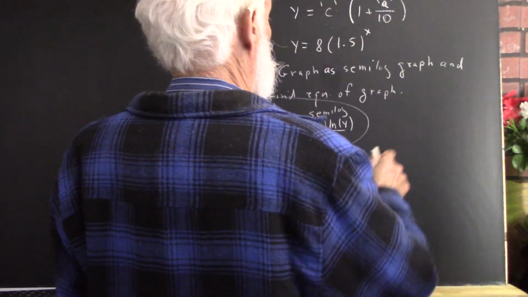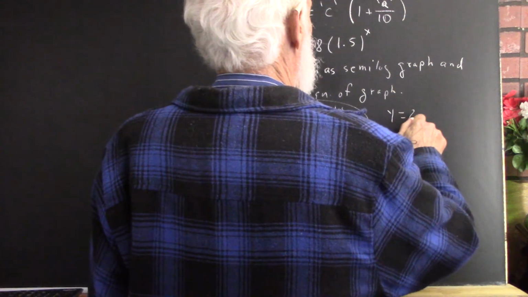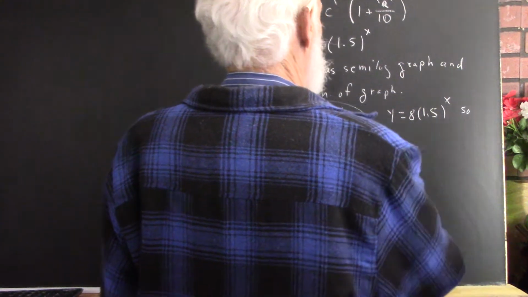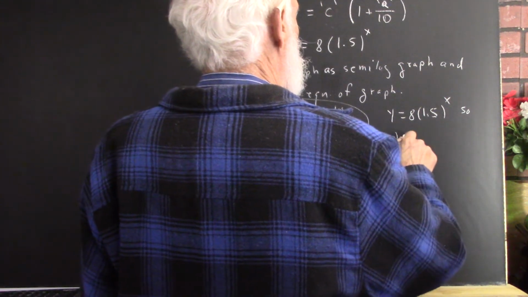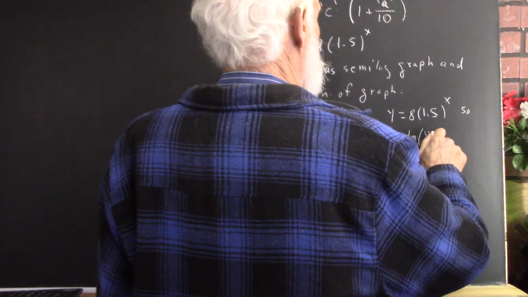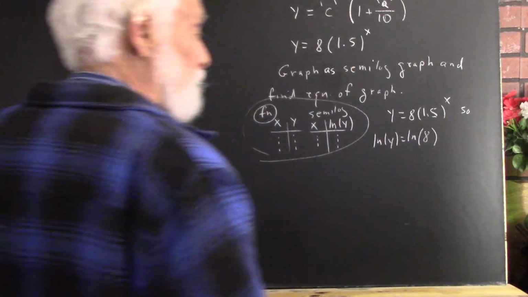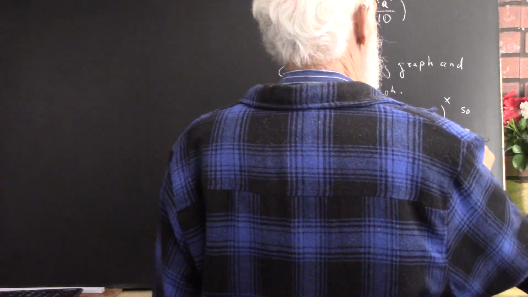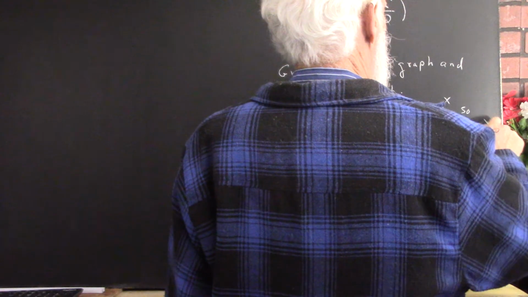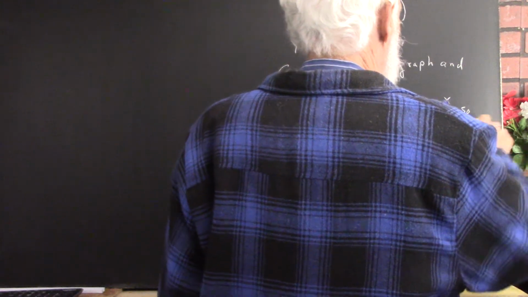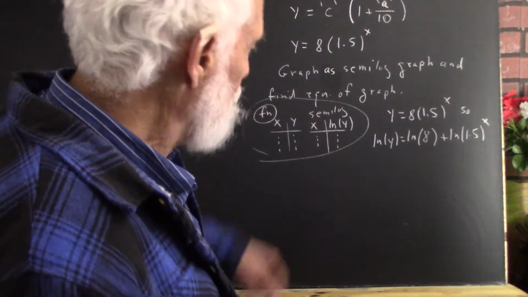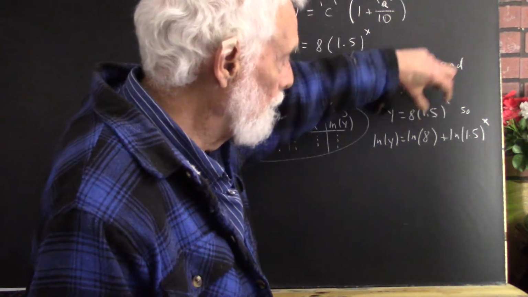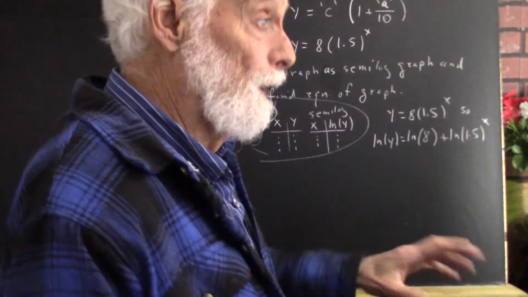Okay, so y equals 8 times 1.5 raised to the x. So the natural log of y is the natural log of 8 plus natural log of 1.5 to the x. Because the natural log of the product of 8 and 1.5 to the x is a natural log of 8 plus the natural log of 1.5 to the x.